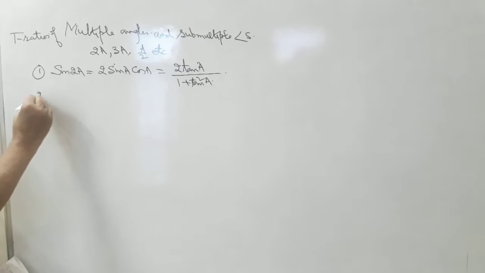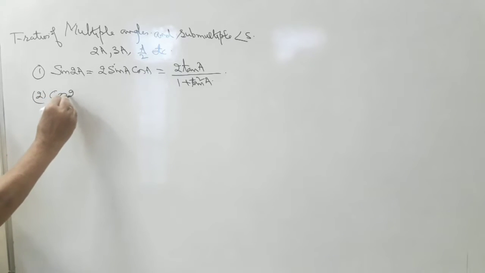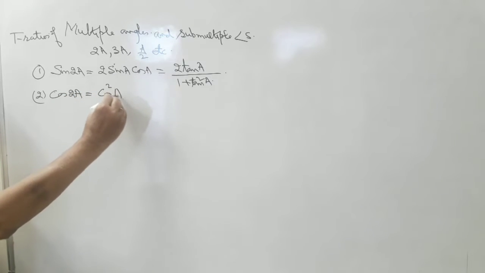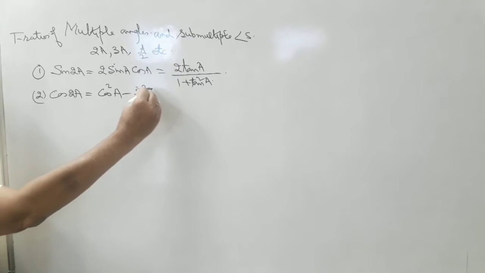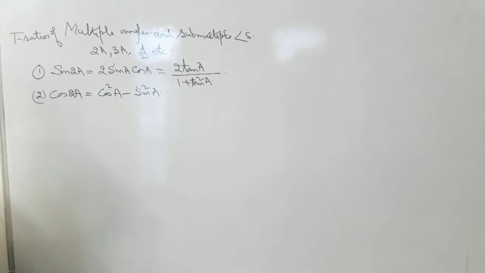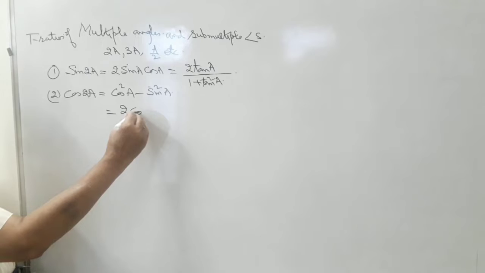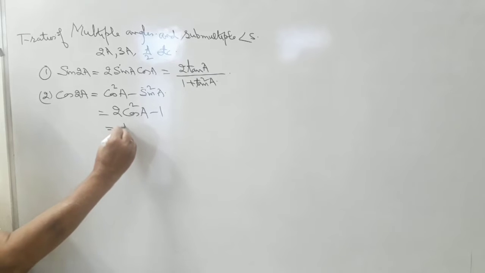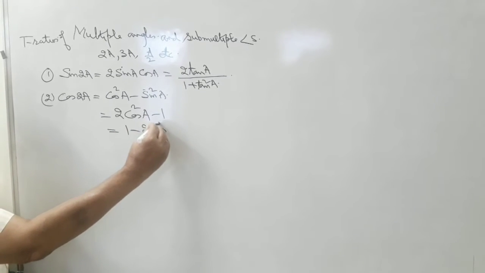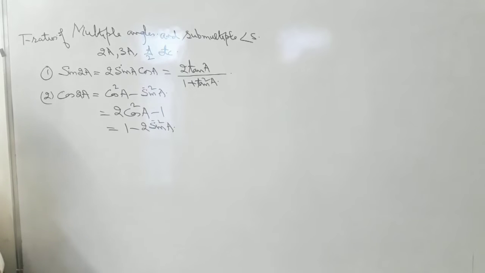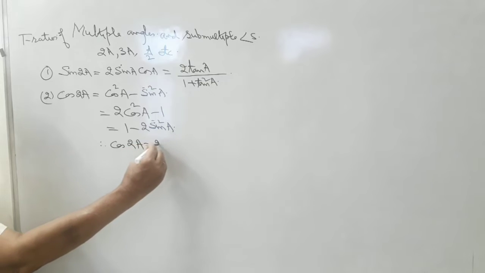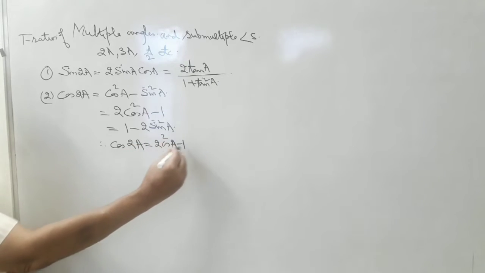The second one is for cos 2A. When you go for cos 2A, it is cos square A minus sin square A. Be careful, it is cos 2A, cos square A minus sin square A. This is equal to 2 cos square A minus 1, and this is further equal to 1 minus 2 sin square A. Therefore cos 2A can also be written as 2 cos square A minus 1.